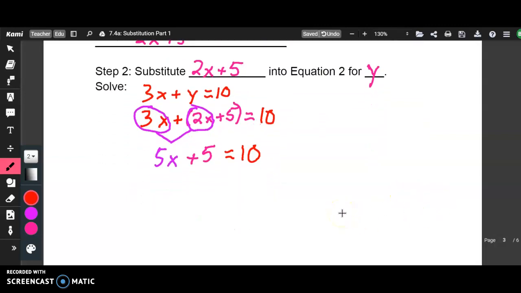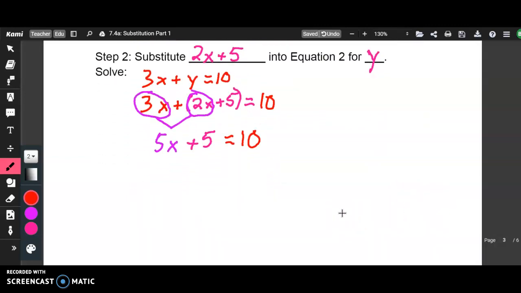Now all I have is a two-step equation. I'm trying to get x by itself. So if you were thinking back to the coins problems, what we're going to do is subtract the loose coins, get rid of the loose coins. 5 minus 5 is 0. 10 minus 5 is 5.